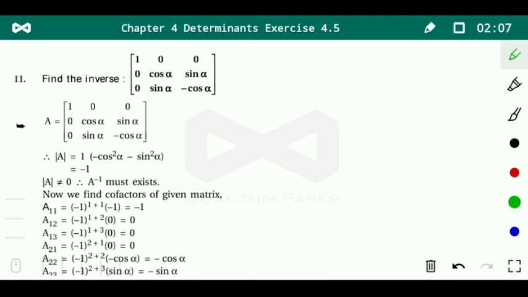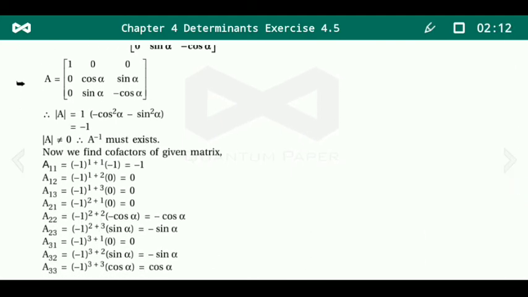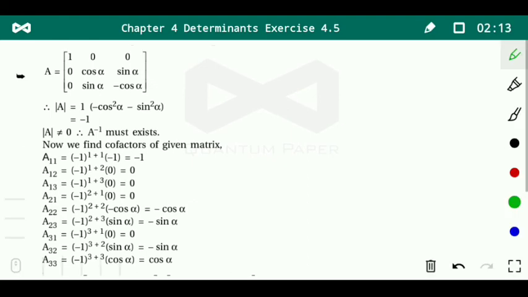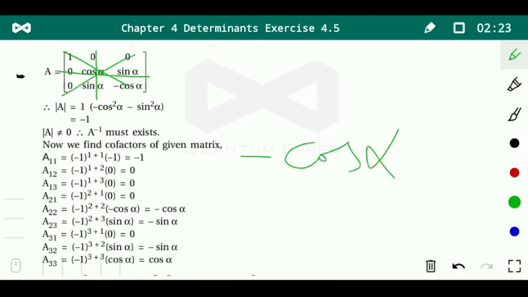Next we have to find capital A22. So we remove second row and second column. So the answer is minus cos alpha minus 0, so minus cos alpha. We have to multiply with the sign of A22, but that will be positive. So the answer is minus cos alpha. Next we have to find A23.